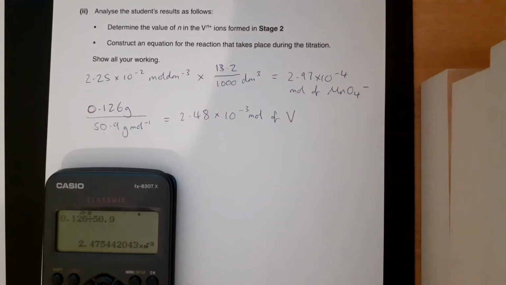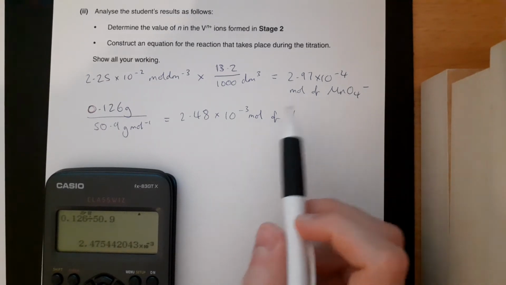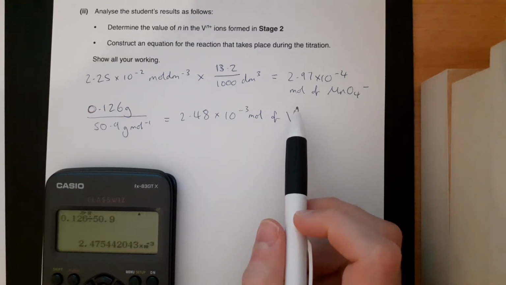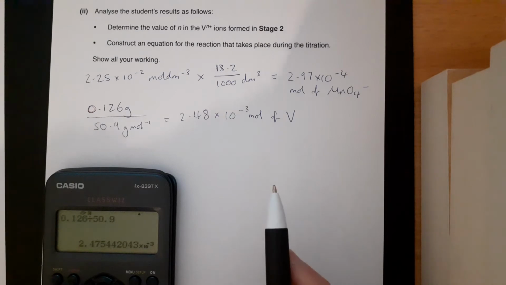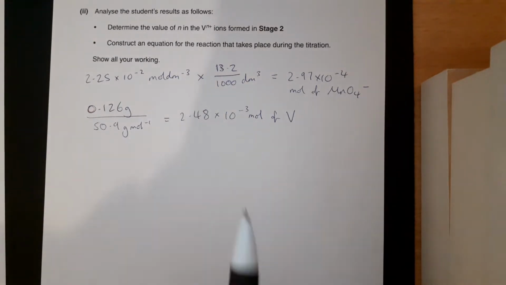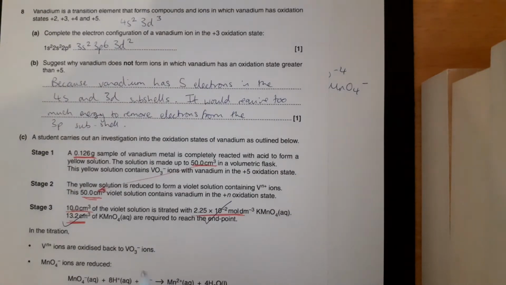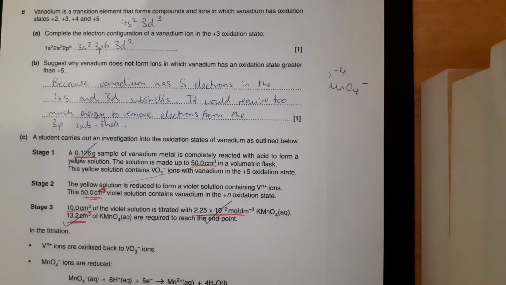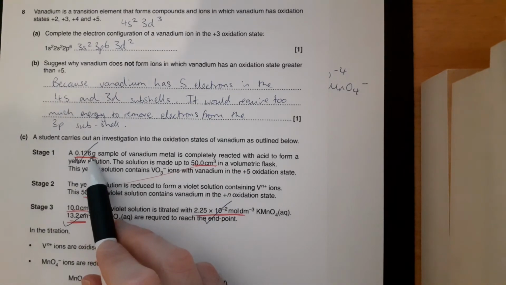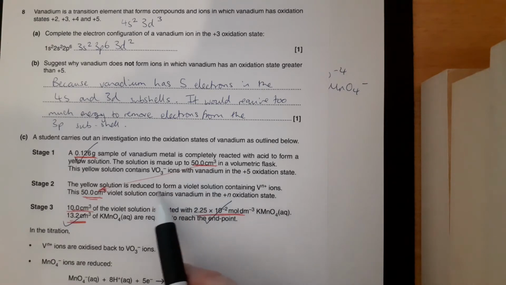So now we know the moles of each of them. If we do one divided by the other, that's going to get us the ratio. But before we do that, we need to be careful because we need to include this factor of 5 that we were talking about before. This was the number of moles of vanadium, and that was in a 50 centimeters cubed solution.